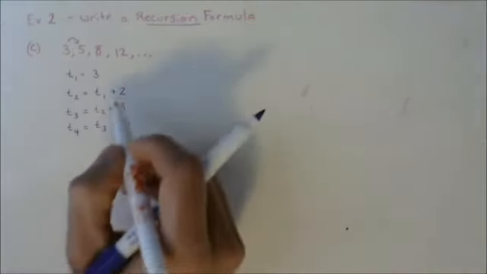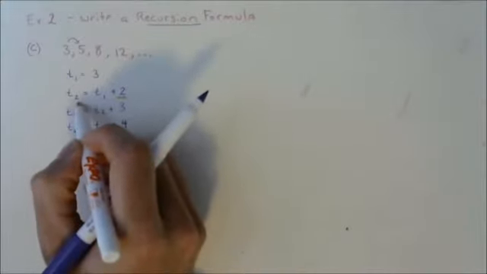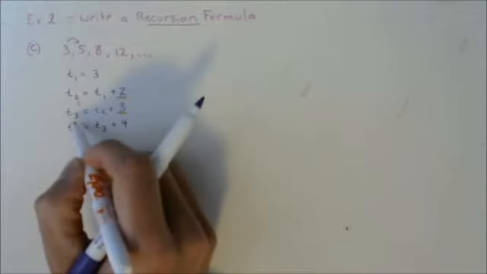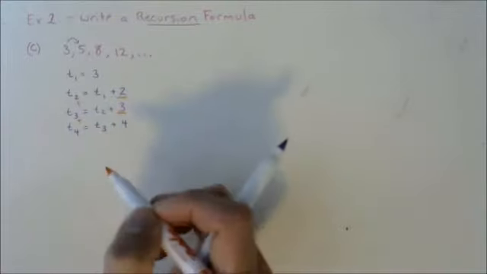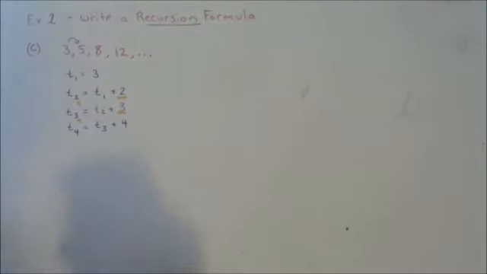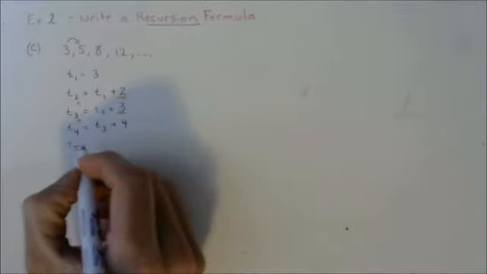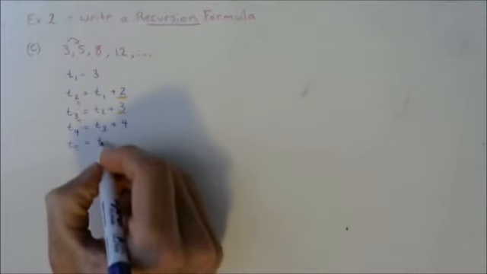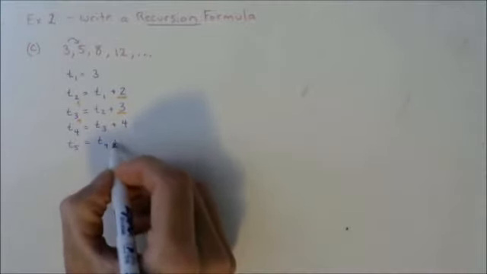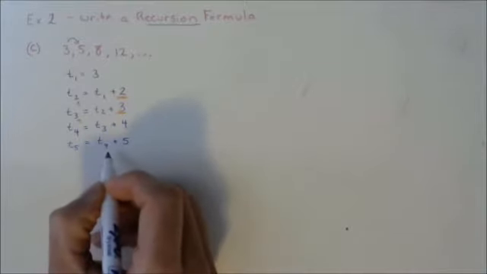There is a connection between the number that we add and the term number that we're looking for. So let's just say if we had to do a fifth term as a sample, well, we'd be taking the previous term, t of n minus 1, and we'd be adding 5, which is the value of n.